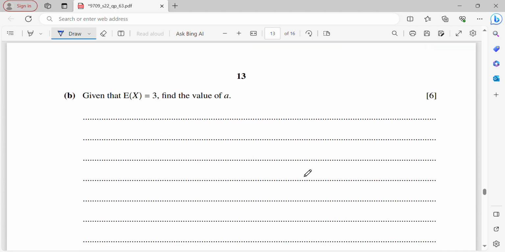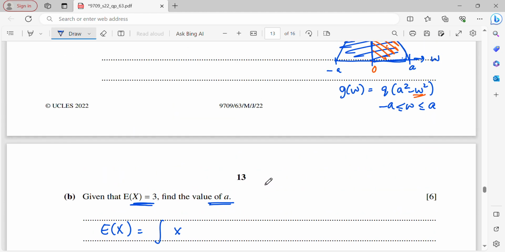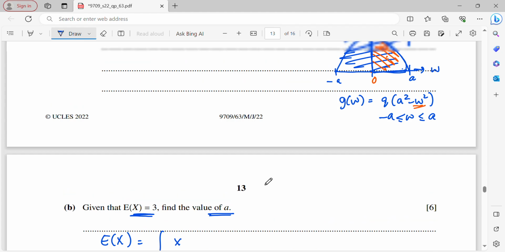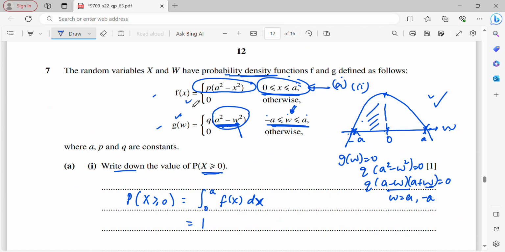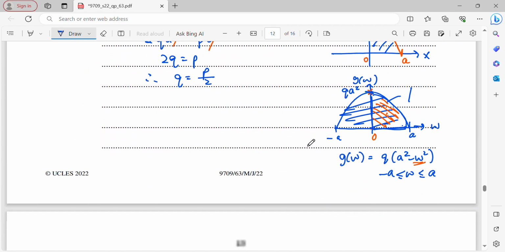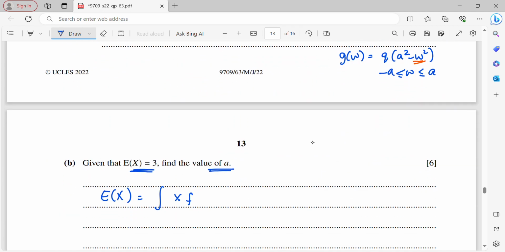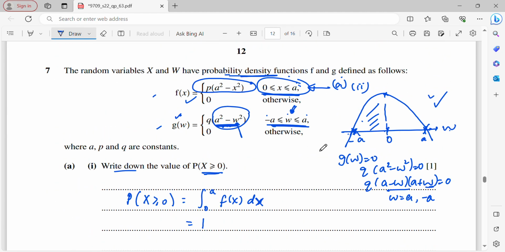Now, part B. Given that expected X is 3, find the value of A. Expected X is the integration of x fx dx, with x defined from 0 to a.